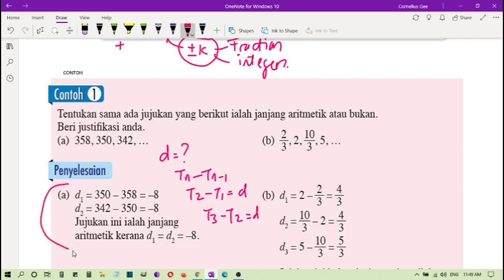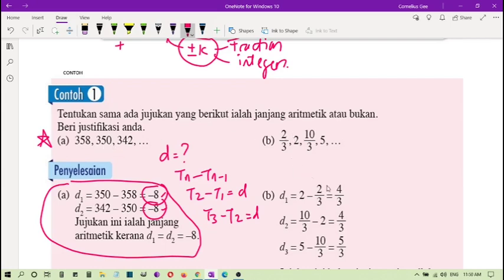So for item A, since these two common differences are the same, the conclusion is that this is a JA, Janjang Aritmetik.